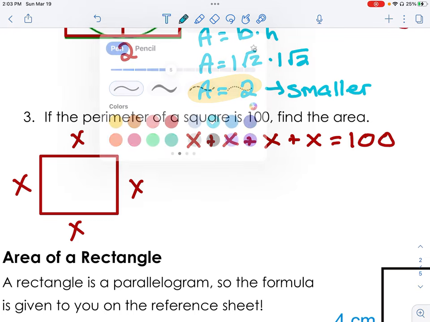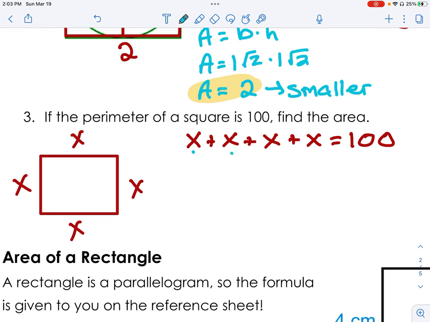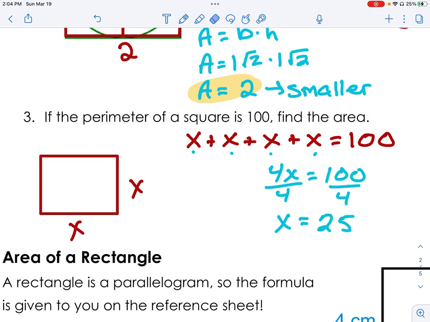Well, I can go ahead and combine all of these x's together here to give me 4x equals 100. And then if I solve this for x, it equals 25. So the side lengths now of this square, we know are 25, 25, 25, and a 25.